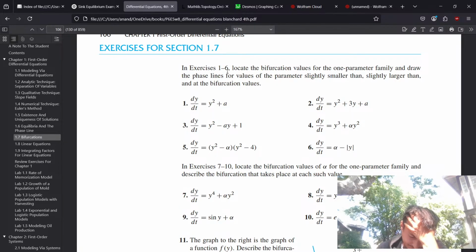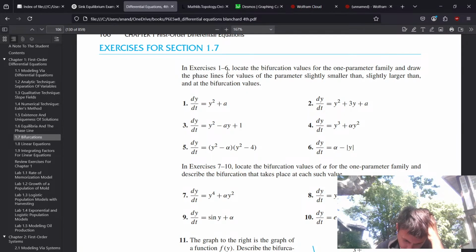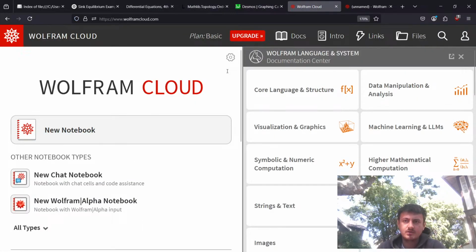So wait, no, we definitely did something wrong, because these are supposed to be values for which dy dt is 0.